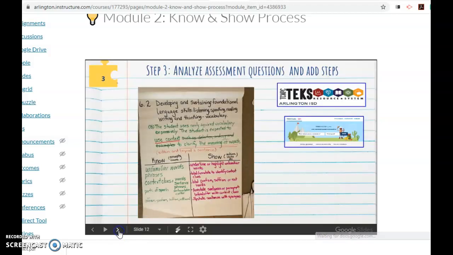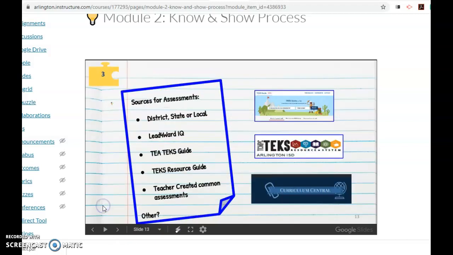There are many different types of assessments that you can use as you are preparing to analyze. The district and state and local assessment, the Lead Forward IQ, the TEKS guide will also have formative and summative assessments.